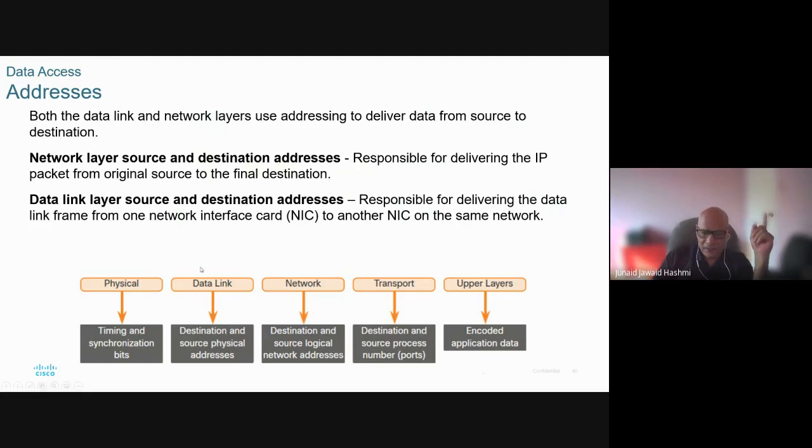The data link layer is responsible for the MAC addresses, which is why they're also called the data link address. And your network layer is responsible for the IP addresses.